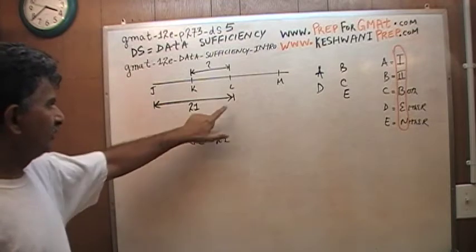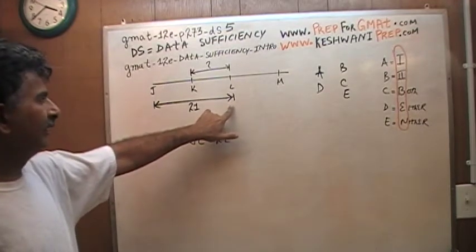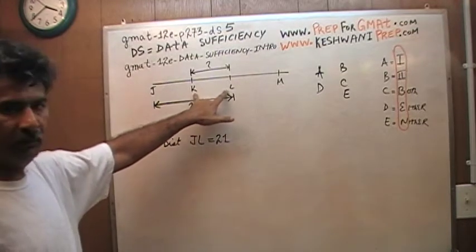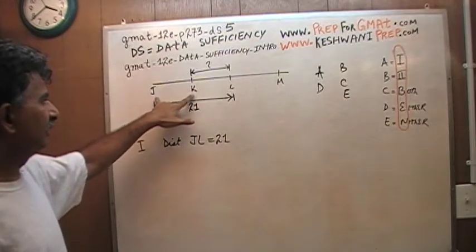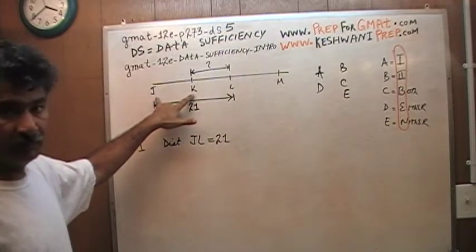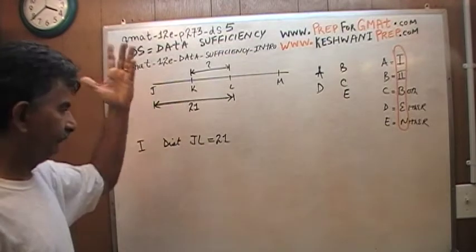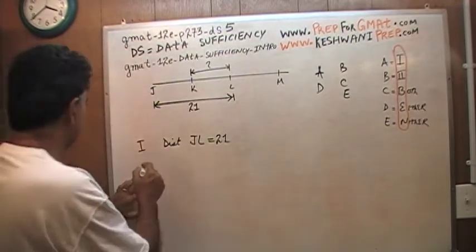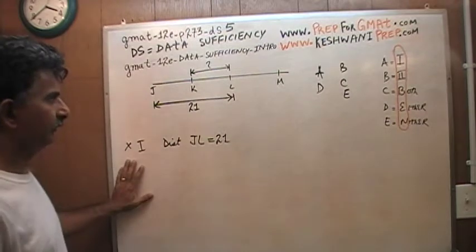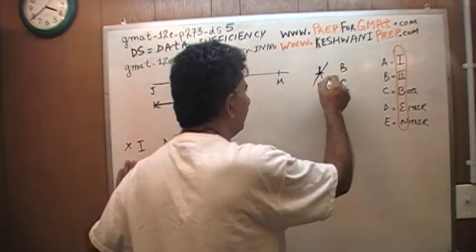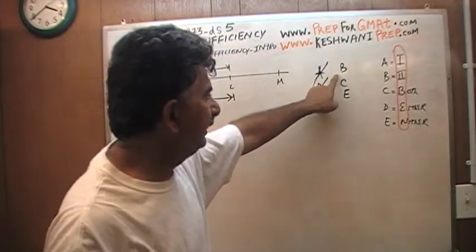Knowing the distance from J to L, does that help us determine the distance from K to L? Of course not, because we do not know the distance from J to K. If we knew the distance from J to K, we could subtract it from 21 and get K to L. But we don't. So statement 1 is useless, which means the answer choice cannot be A or D. It has to be B, C or E.